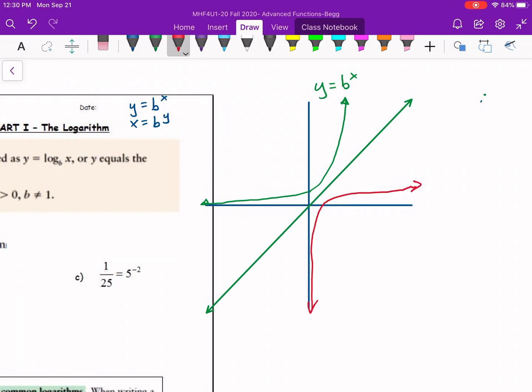And so that's the inverse of y equals b to the x. It's x equals b to the y. And that's also going to be represented by the equation y equals log base b of x.